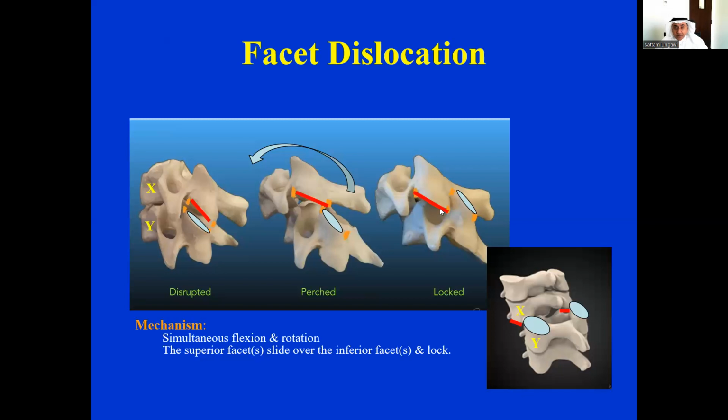This surface, the inferior surface of the facet of the vertebra above, which was supposed to be here, has moved forward and then fell down, so now it is completely locked. So the articular surfaces are completely naked.